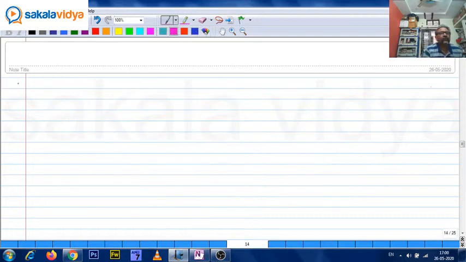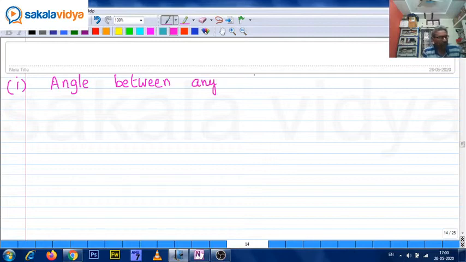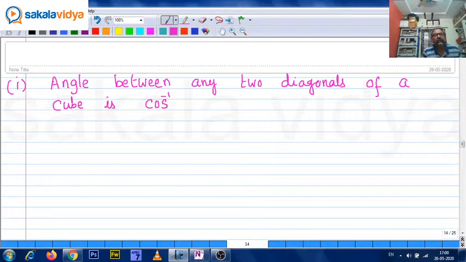So we will write it now. The first point under this: the angle between any two diagonals of a cube is cos inverse of 1 by 3.